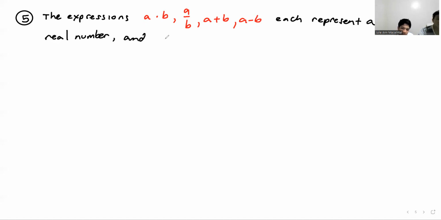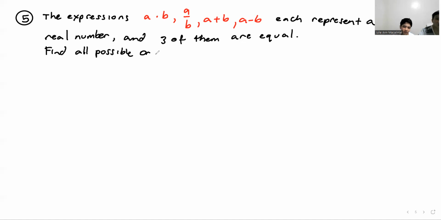And three of them are equal. There's an imposter. Oh, yes. Only three of them are equal. So find all possible ordered pairs.